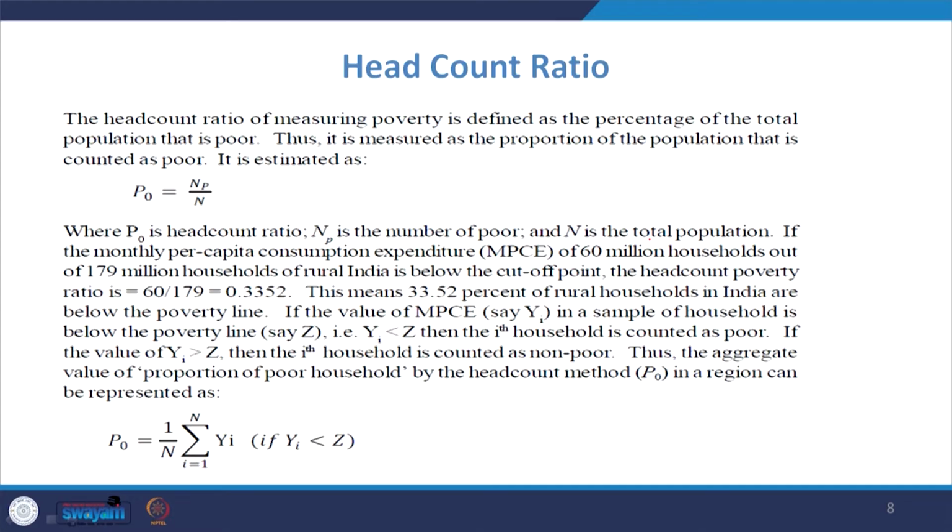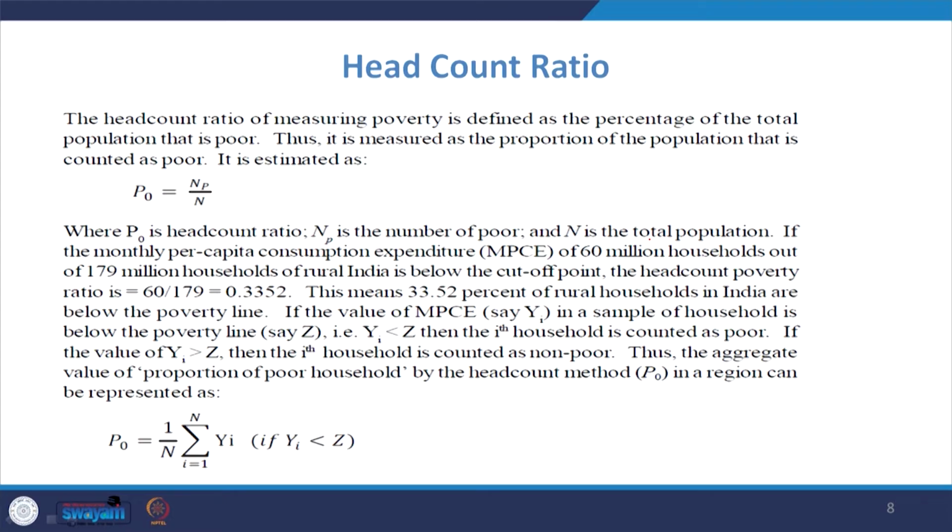If the value of monthly per capita consumption expenditure, say yi, in a sample of households is below the poverty line, which we define as z, then, if z is the poverty line and yi is the income of the ith household, yi must be lesser than z in the case of a person living below the poverty line.